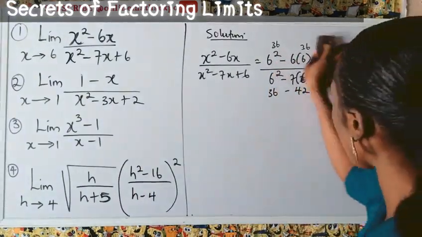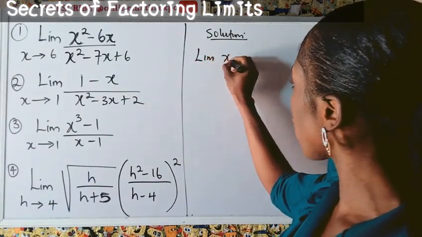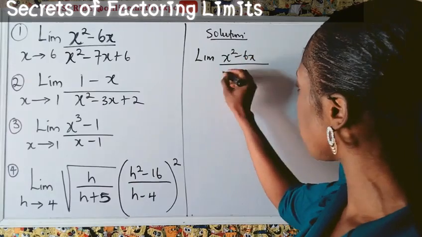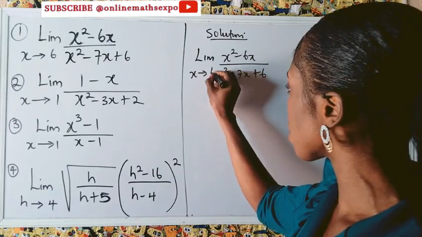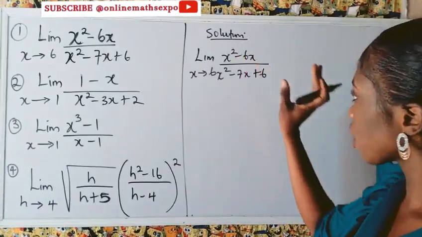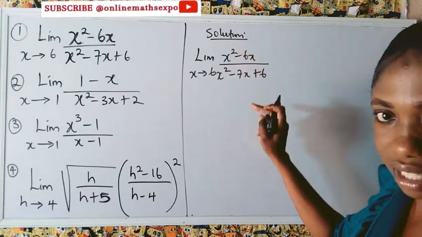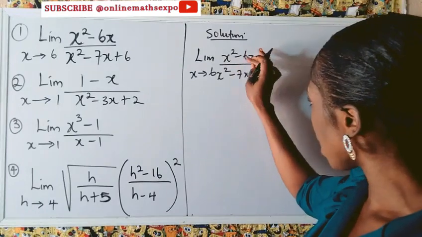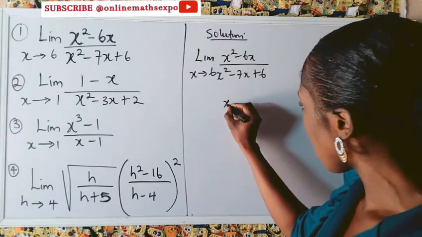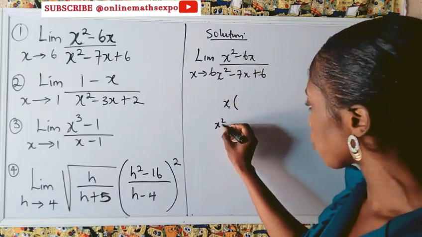So we are going to have the limit of x squared minus 6x all over x squared minus 7x plus 6 as x approaches 6. So let's factor the numerator. We have x to the power of 2 minus 6x. Let's factor out what is common. The common term here is x. So we're going to have x times, use this x to divide x to the power of 2.